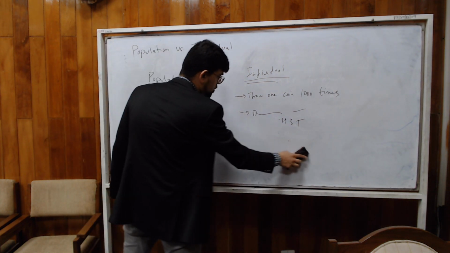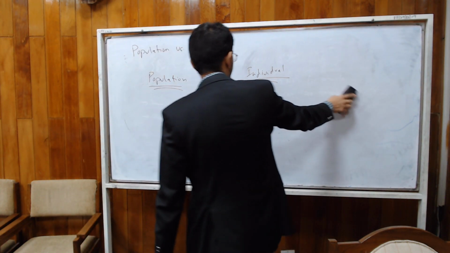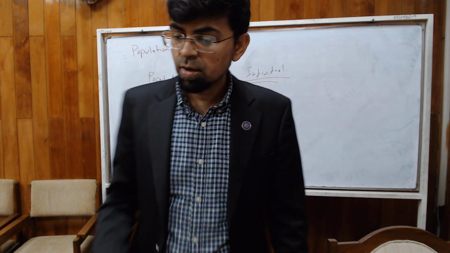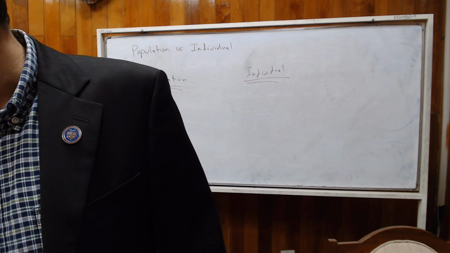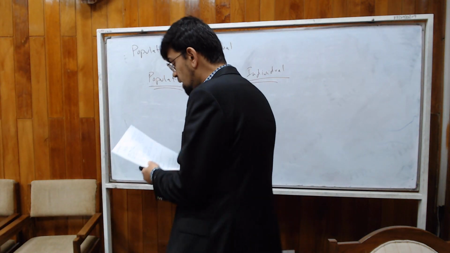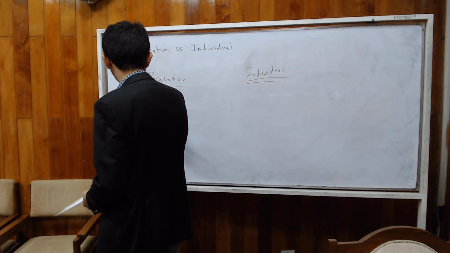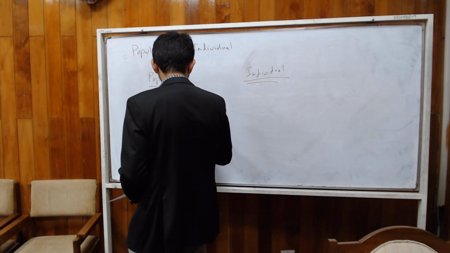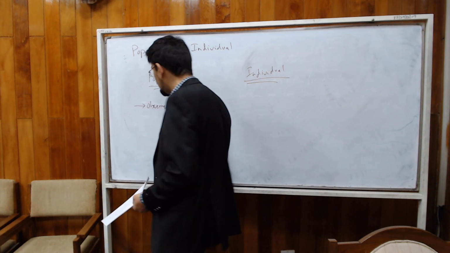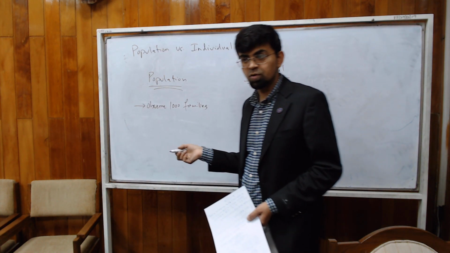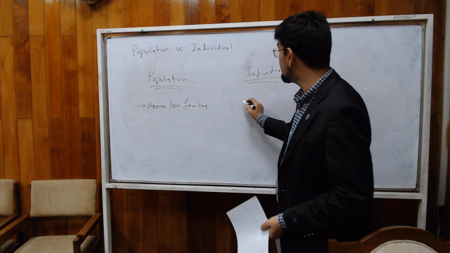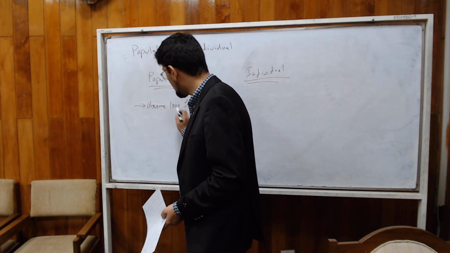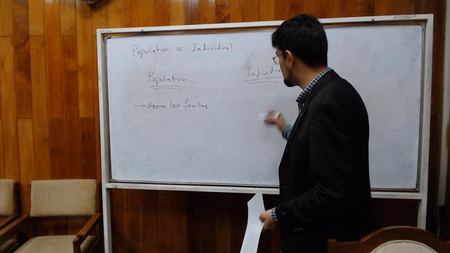Let's say you want to find the most popular picnic spot in Islamabad. Population would be: observe 1,000 families in Islamabad to see which spot they like to go to, mostly which free picnic spot they go to.